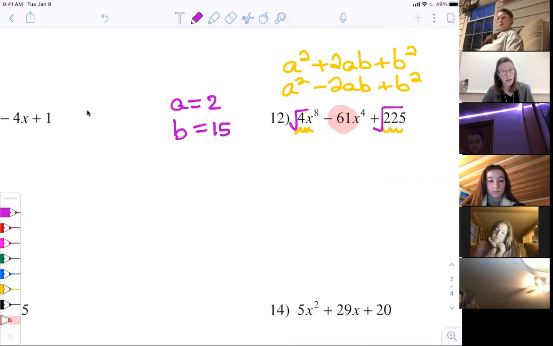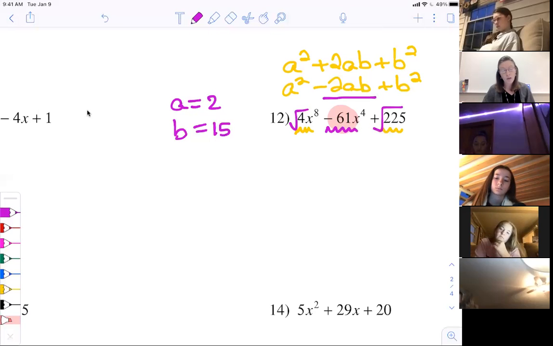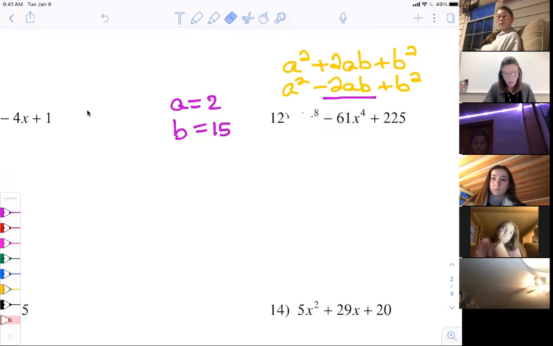If I double that, I get 60. The middle here is 61. So this middle number is supposed to be twice a times b for it to be a perfect square trinomial, and that middle number is not. So unfortunately, this problem does not fit a pattern, and instead we have to multiply a times c. So this is just a regular AC grouping problem.